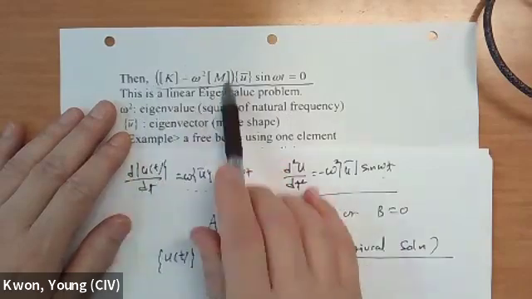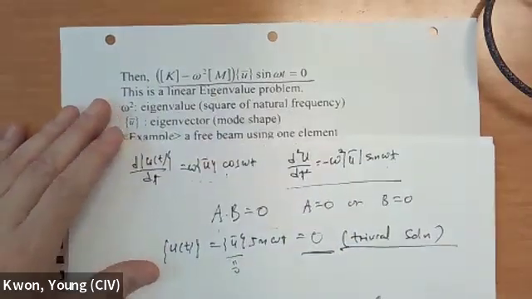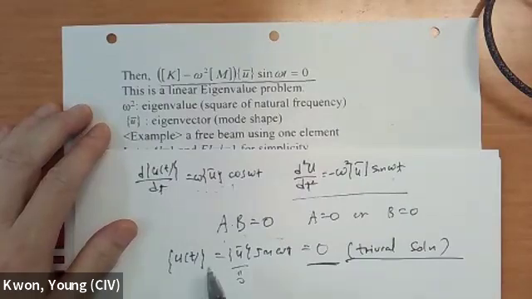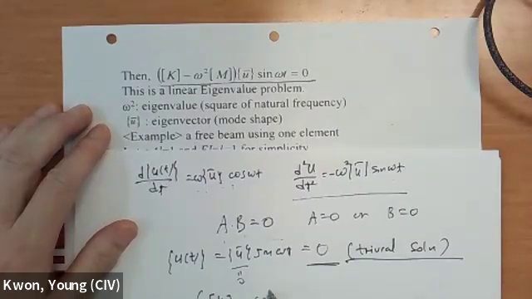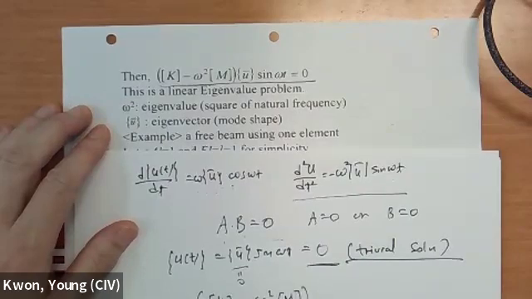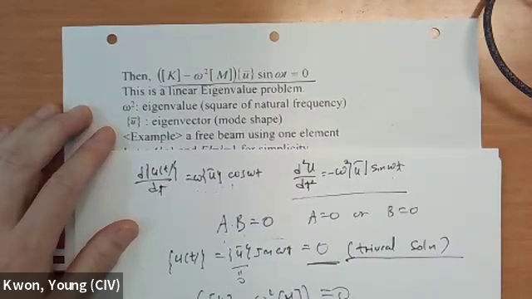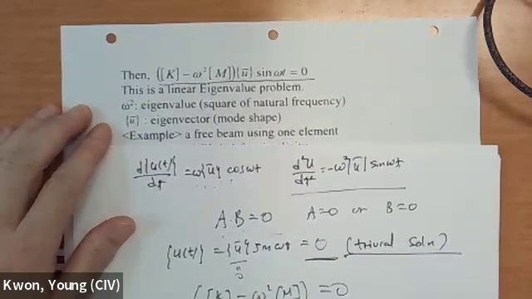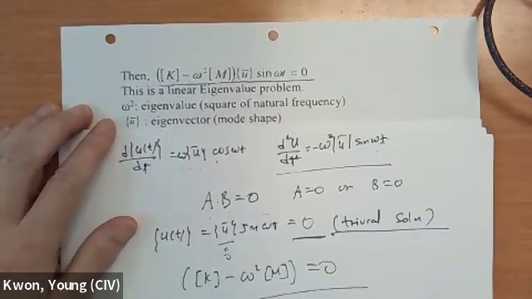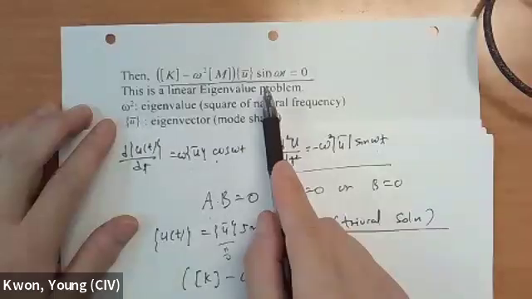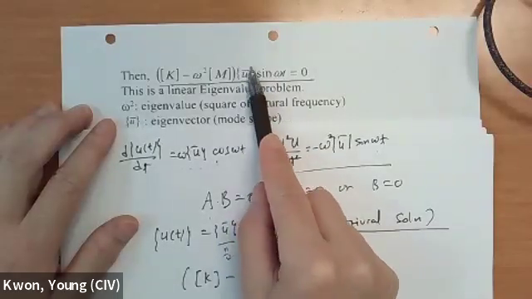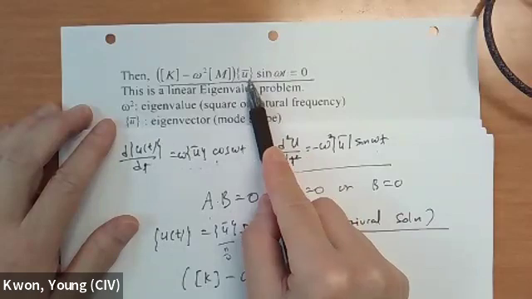Then the other option is this: something inside the parenthesis should be equal to 0. So if this is going to be 0, then of course this is not 0, but the u bar vector doesn't have to be 0.